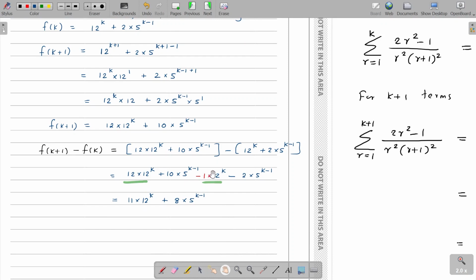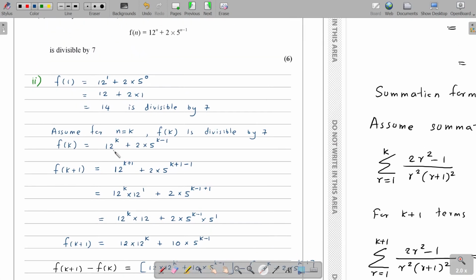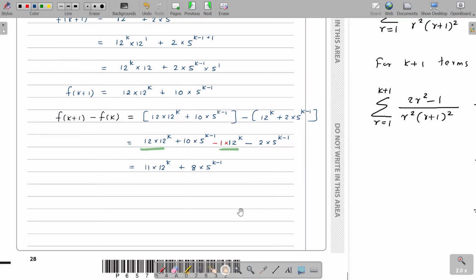So f(k) is 12 to the power k plus 2 times 5 to the power k-1, right? This might require a little bit of practice to see at first glance. For example, 12 to the power k is like an a term. So I have 11a plus 8b, right? Are you with me? 11a plus 8b.